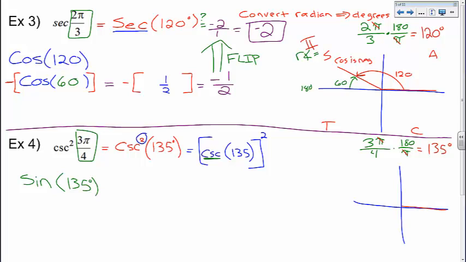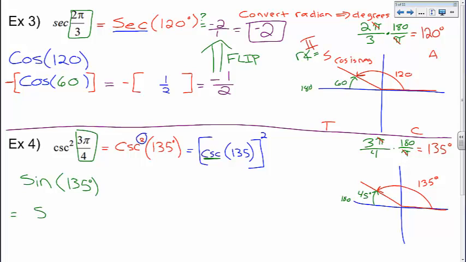I'm going to draw my angle, 135 degrees, in my quadrants. Next, I'm going to look for the reference angle. To do this, since I'm in quadrant 2, I take 180 degrees, subtract my original of 135, and I get a value of 45 degrees.